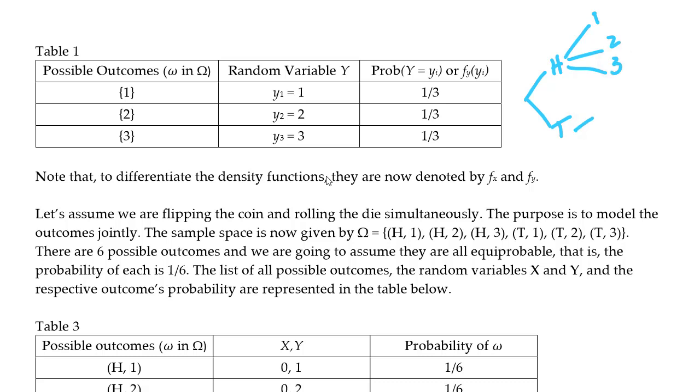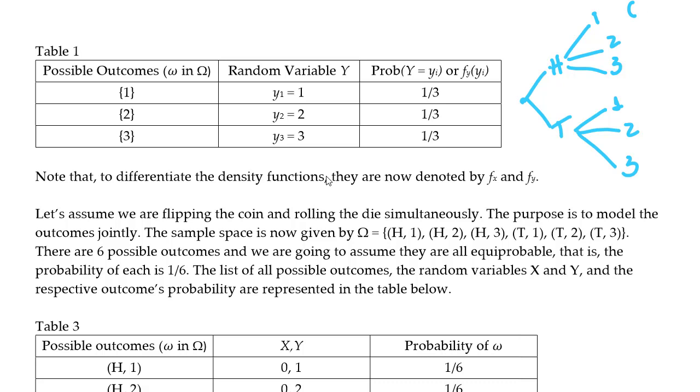And then for T, I can get 3 possible outcomes of the die as well: 1, 2, 3. So for each node, starting with the first experiment, get all the possible outcomes, and then from each node here to the second experiment, get all the possible outcomes. If there were a third experiment, from each node you have all possible outcomes and so on.